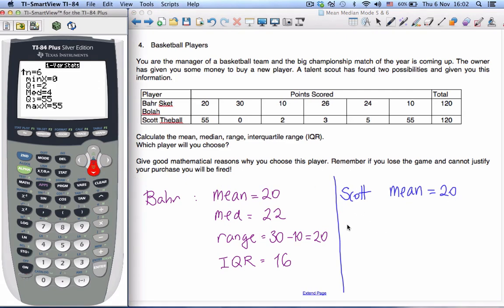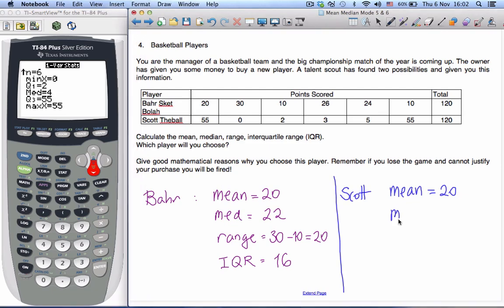The median is 4. The range is 55 minus 0. Whoa. So he's either hot or he's totally off. And IQR is 55 minus 2. So Q3 minus Q1 is 53.